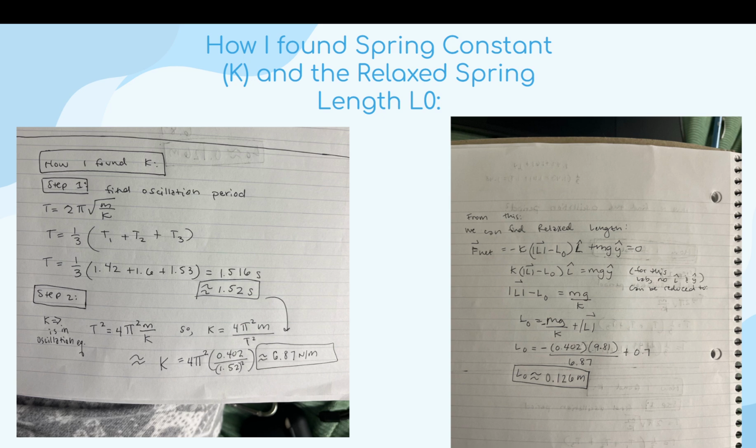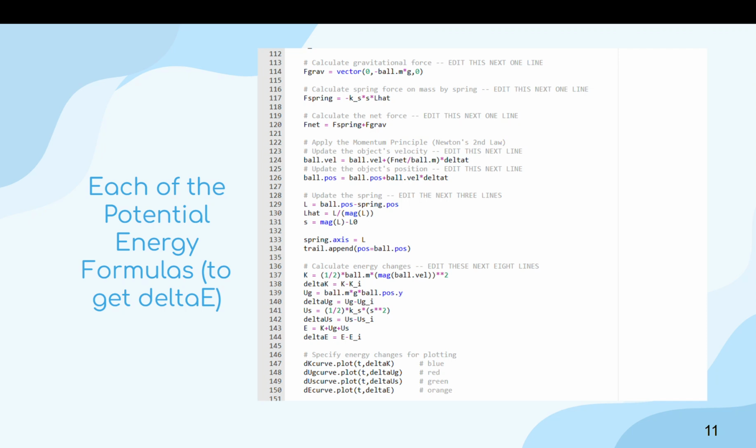And then once I found K, I put that into the Fg plus Fs formula to find F net, and you can find L naught from finding K in the other equation. So I listed out what I did there.